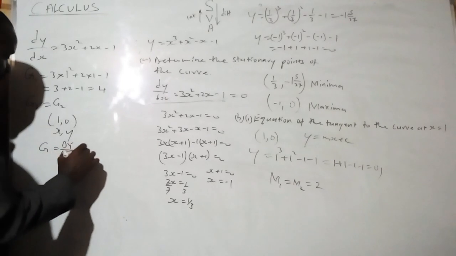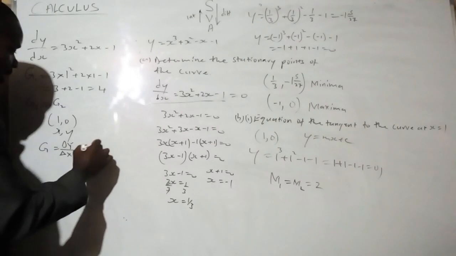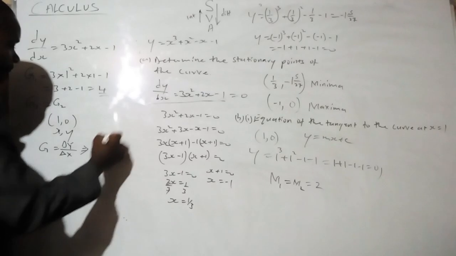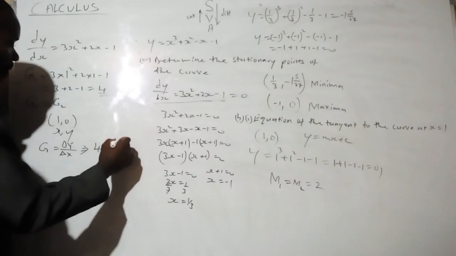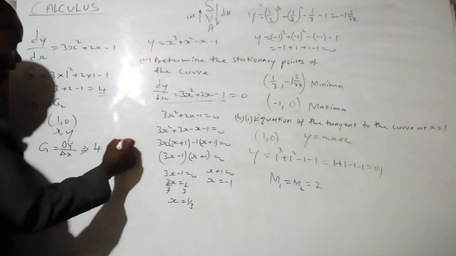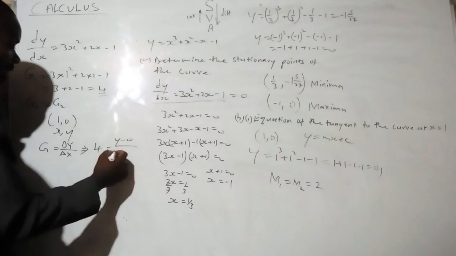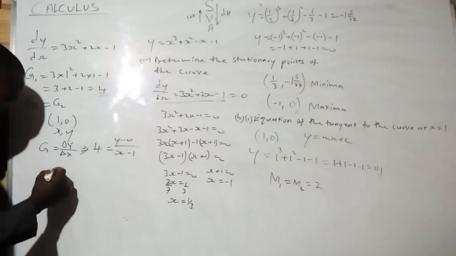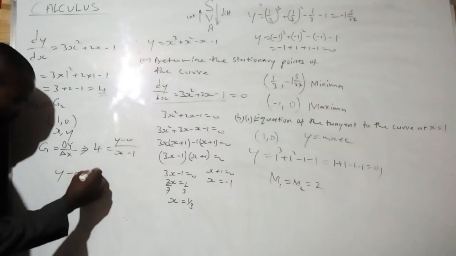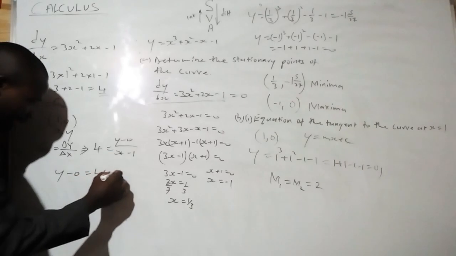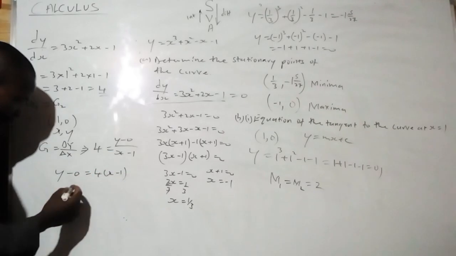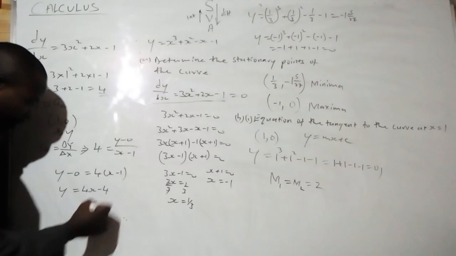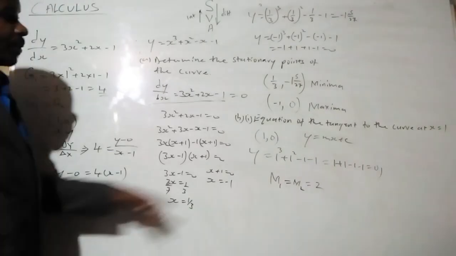Gradient is 4 here. Change in y, y minus 0, over change in x, x minus 1. To have y minus 0 is equal to 4 times x minus 1. Open the bracket, y will be 4x minus 4. And this is the equation that we are supposed to compute there.